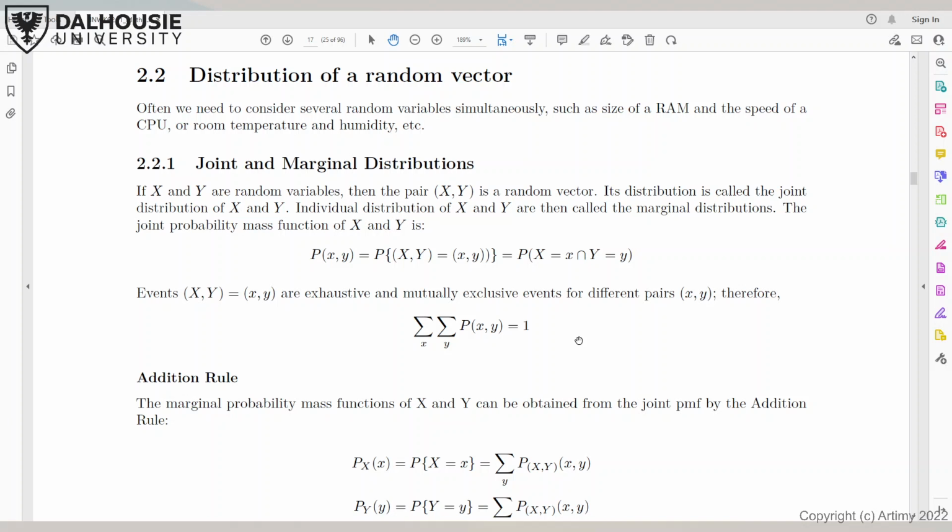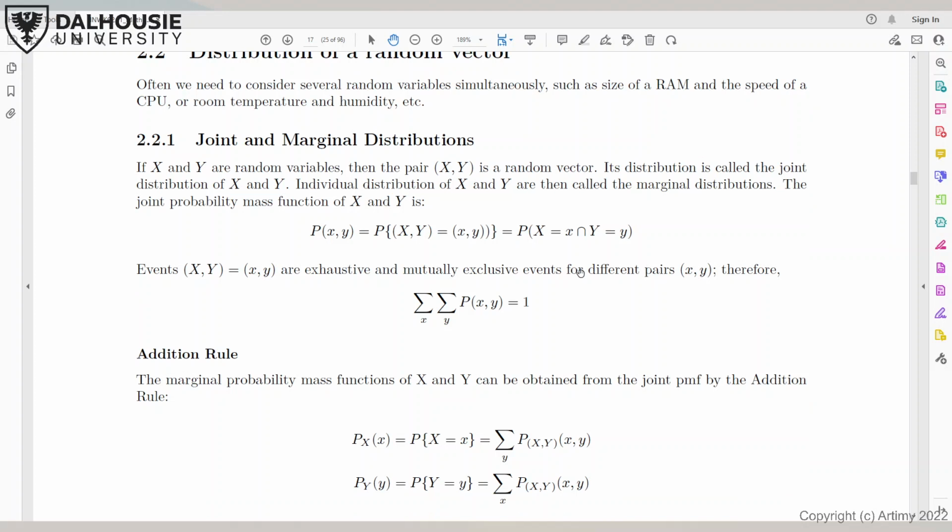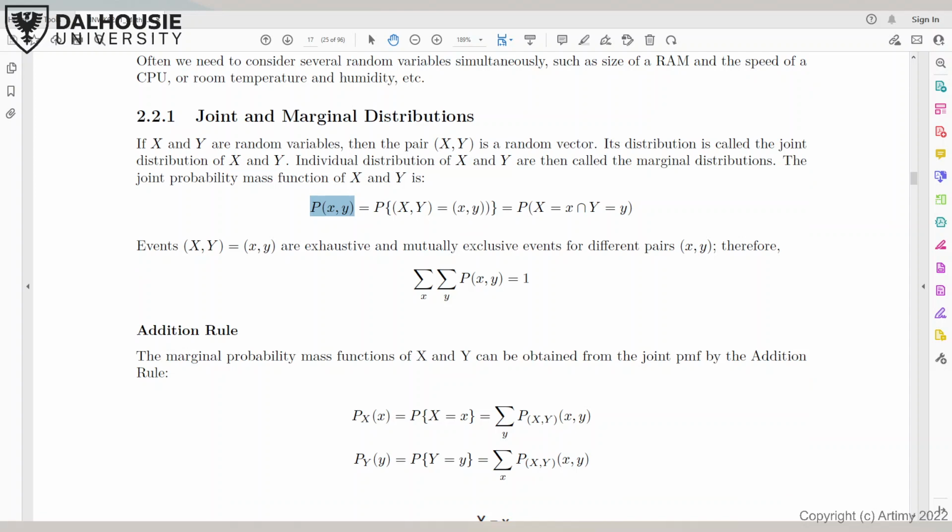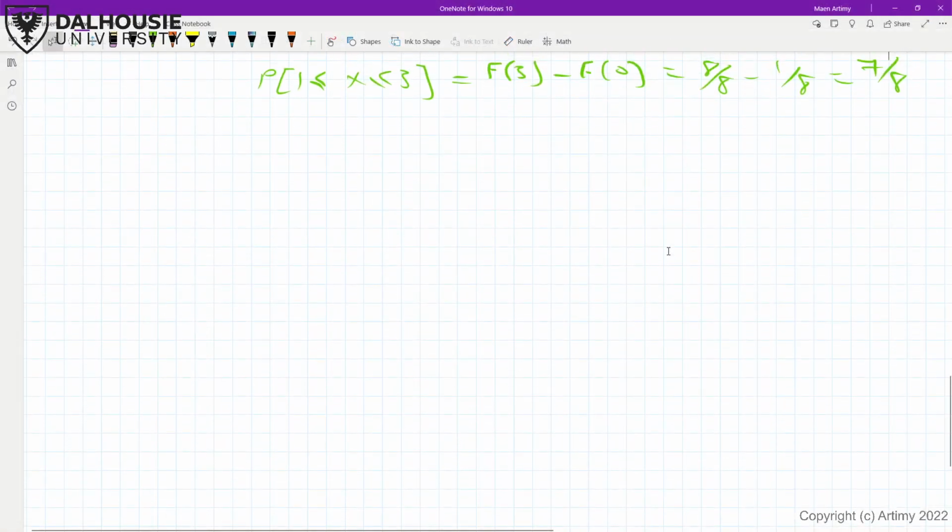Okay, so to represent the probability of two random variables, we write something like P(x, y), which is equivalent to P(X = x and Y = y). In this case, let's say X is the CPU and Y is the RAM.